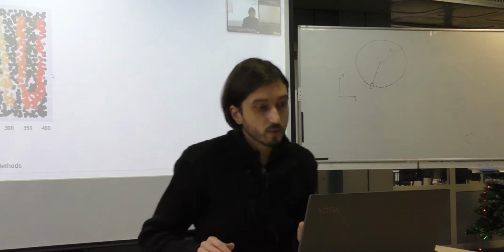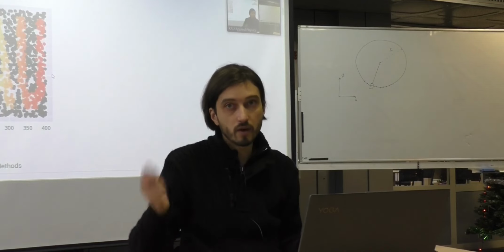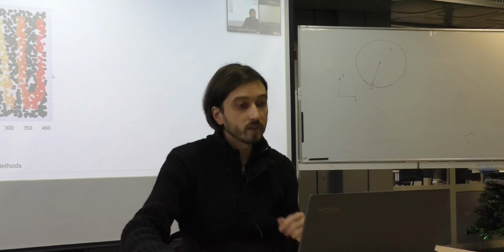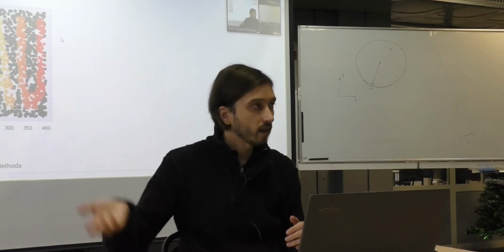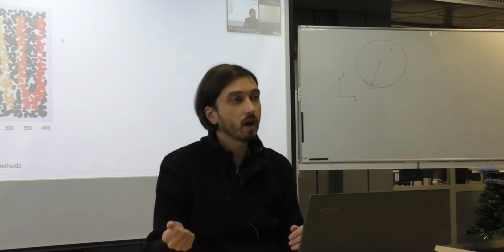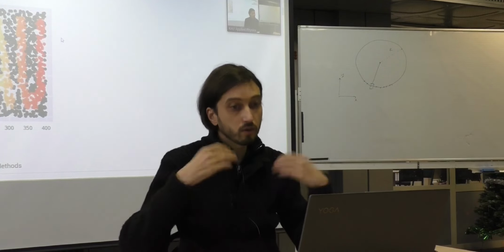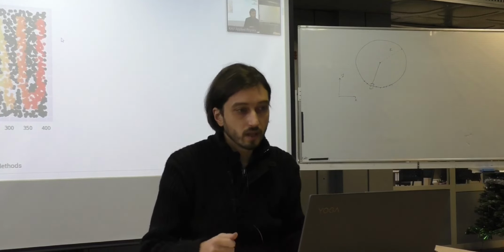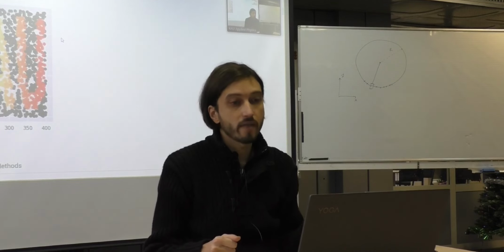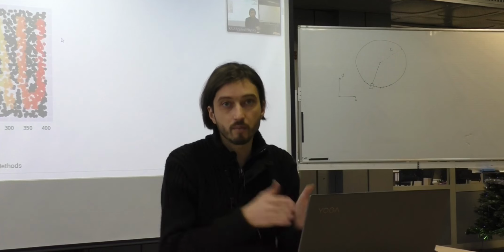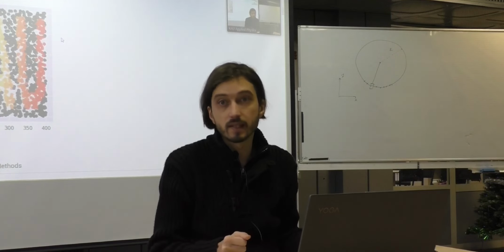So the methods will just be getting some numbers, some coordinates, and transforming those coordinates. Then I'll be taking colors together with the transformed coordinates, so I will apply colors to the transformed points, and we will look at those transformed points and appreciate whether the method has preserved the relative positions of the points or not.